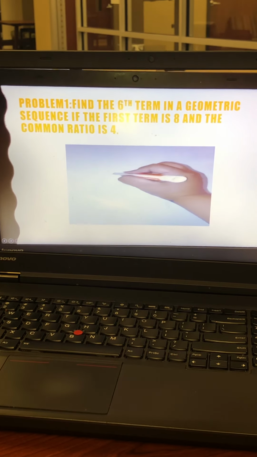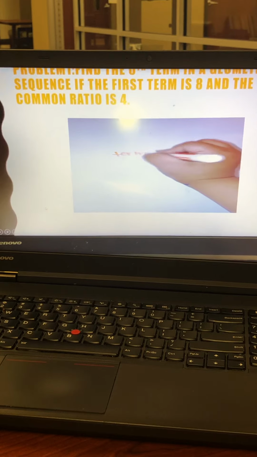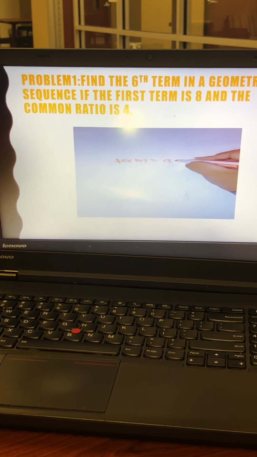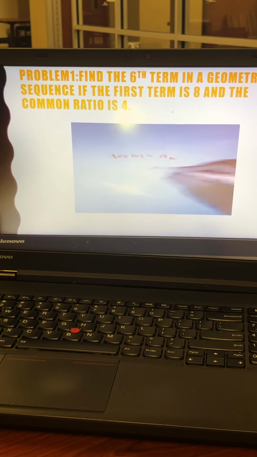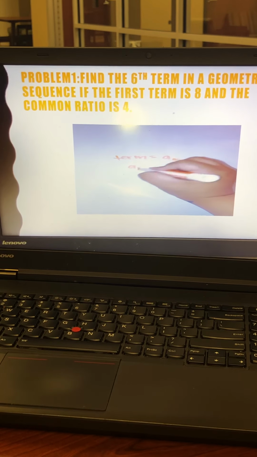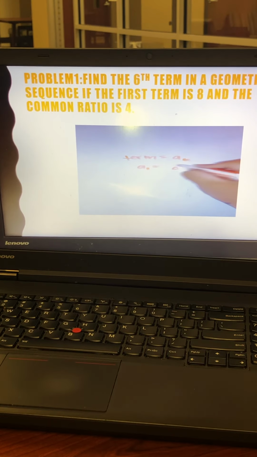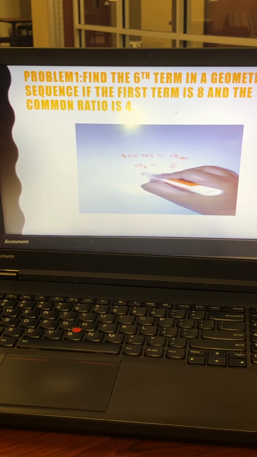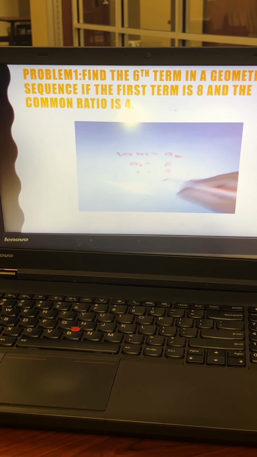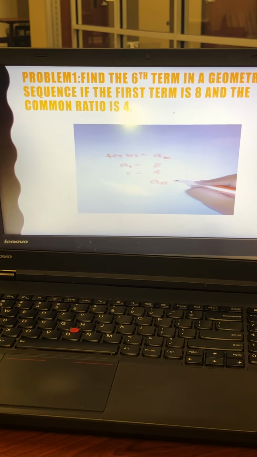Okay, so let's write our given. Our term is a sub 6. Our first term is 8, and our common ratio is 4. Let's rewrite our formula.